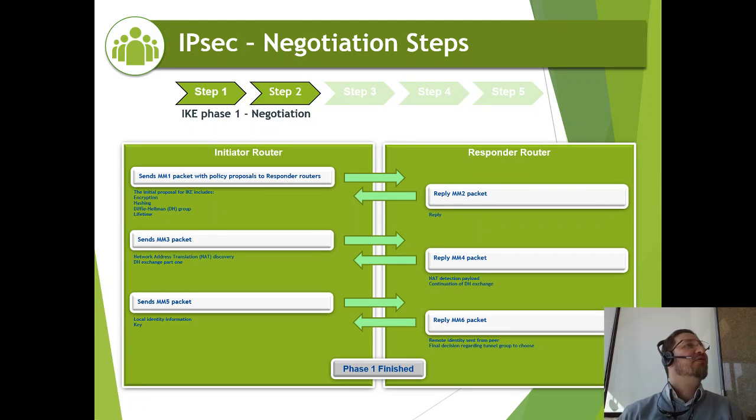We have here on phase 1 the negotiation steps. We have an initiator router and a responder router. The initiator router will send an MM1 packet with policy proposals to the responder router, which will reply with an MM2 packet.